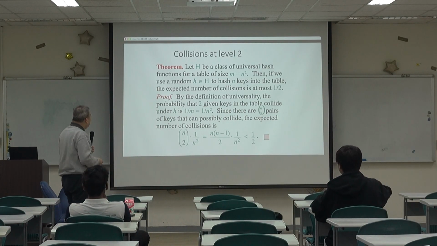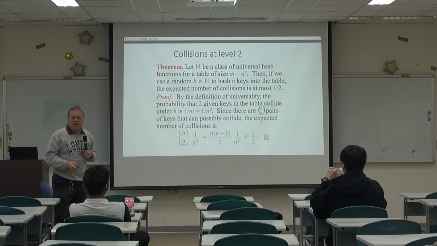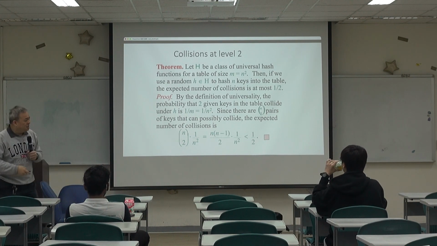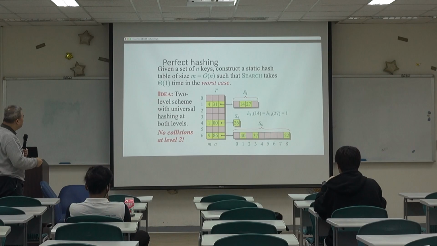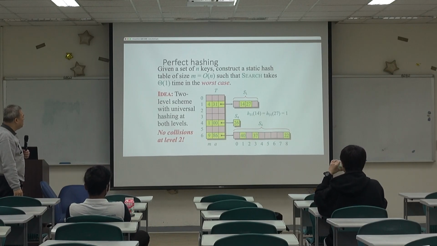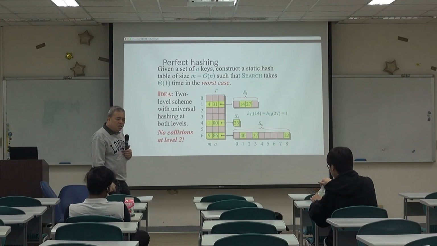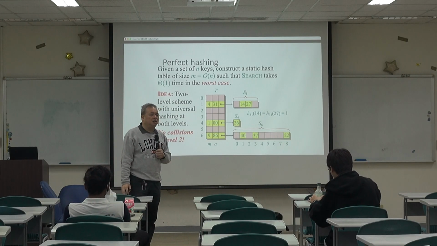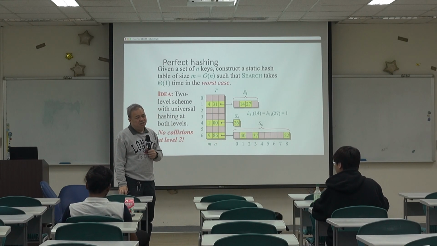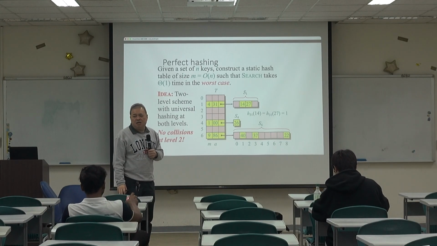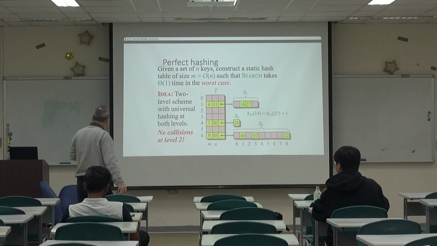But how about if the table size is bounded by big O(n)? Can we also create something that is like a perfect hashing? This is much more difficult than the previous one. It took a while until somebody came up with this solution. So here's the idea.